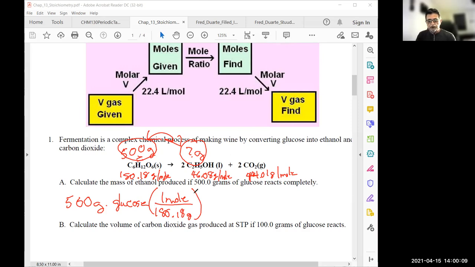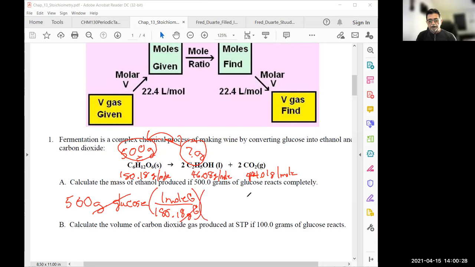I'm just going to call it G for glucose. All right, so that gives us 2 moles of glucose because our grams of glucose cancel out. We got that right.